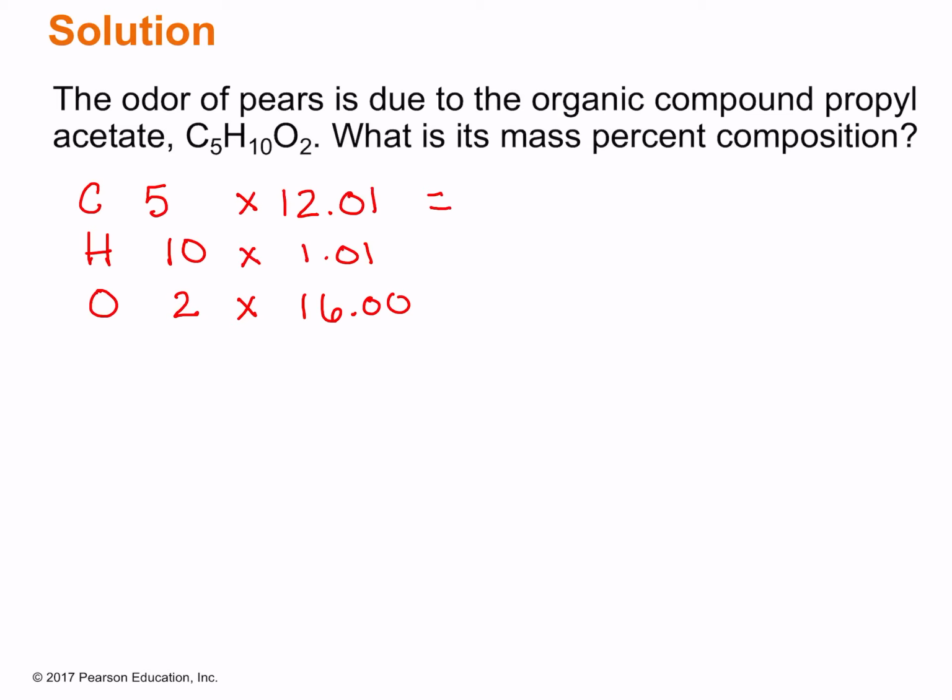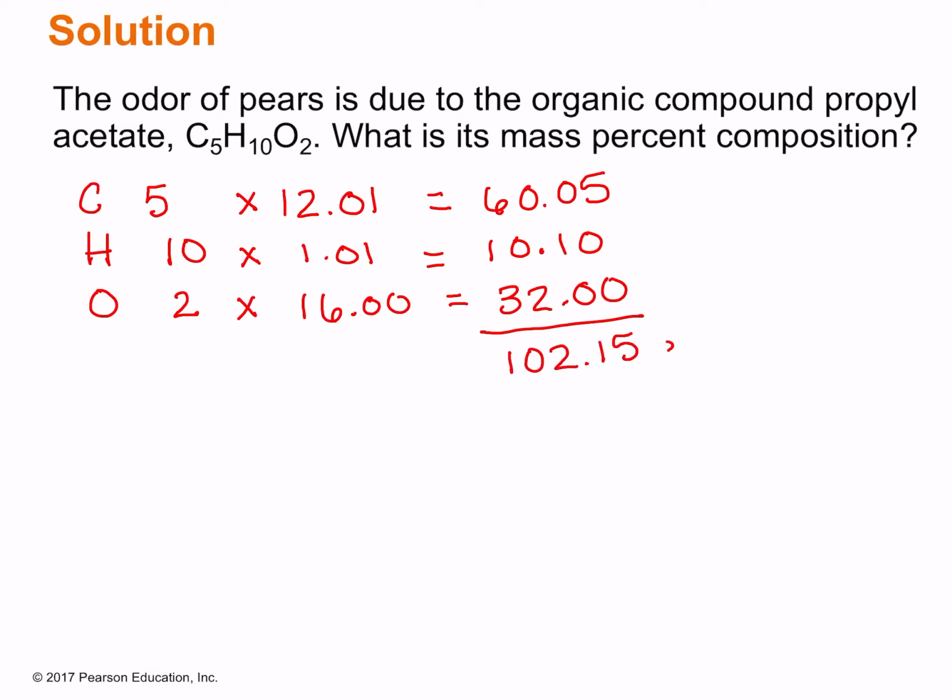So when we multiply all those out, all right, so now we have the molar mass of propyl acetate.